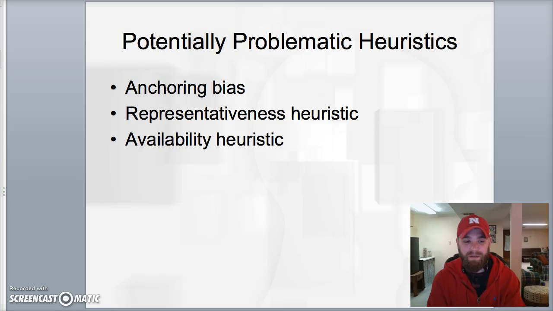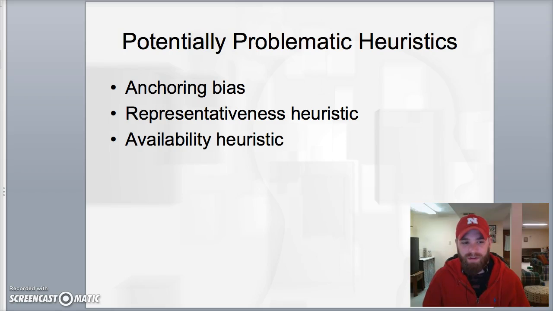If we meet somebody and for some reason they're having a bad day and our first impression of them is they're a really big jerk, that's our first impression. And then later we see them and they're not really being a jerk, they're being okay. But we're much more likely to think, well, yeah, that person's a jerk. They're being okay today, but I know that they're a jerk. We get anchored to that first piece of information. So that's a problem sometimes.